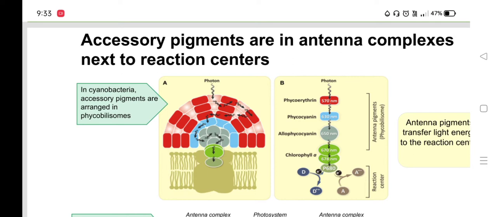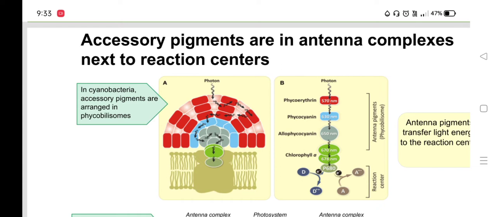So how does this work? We all know that chlorophyll A is the core pigment. Then what happens if this chlorophyll A directly absorbs the light emitted by the sun and makes it into ATP, or just traps the light and transfers the electron to the first reaction acceptor?